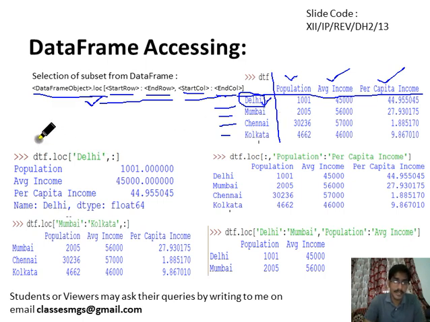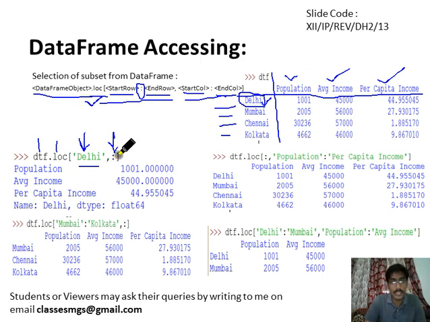We write dtf dot loc, then the starting row, which is Delhi only. We haven't included a colon, so it is not slicing. It will directly fetch the Delhi row, and for all columns you just type colon after the comma.